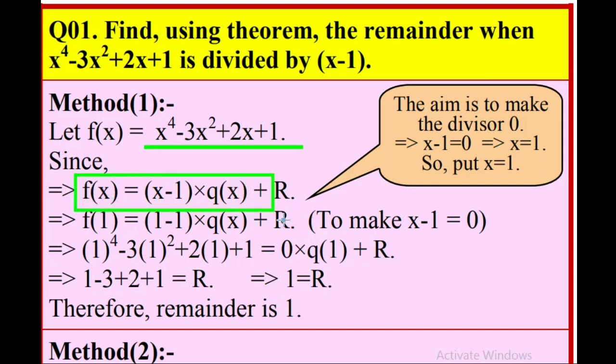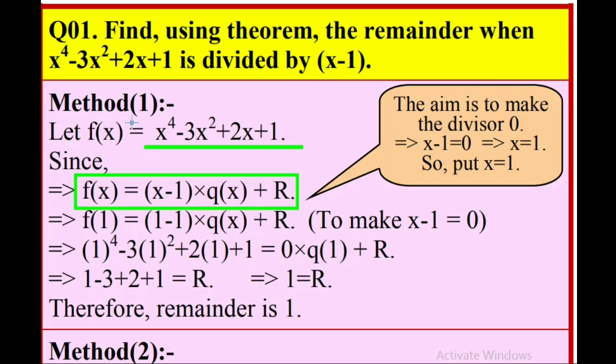into quotient plus remainder. And here we know that f(x) is the dividend, x minus 1 is the divisor, and q(x) is the quotient. Quotient we don't know, but at least we know that what quotient we get will again be a function of x. So the name of the quotient is given q, and the parameter x says that this expression, which is the quotient, is a function of x.